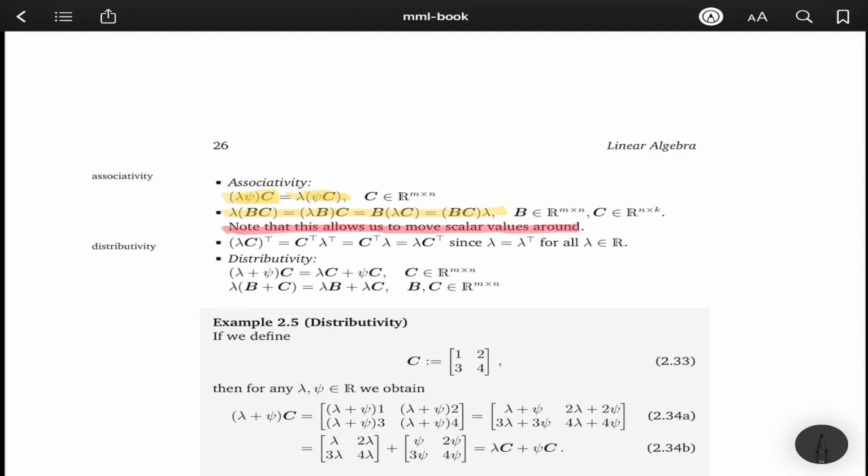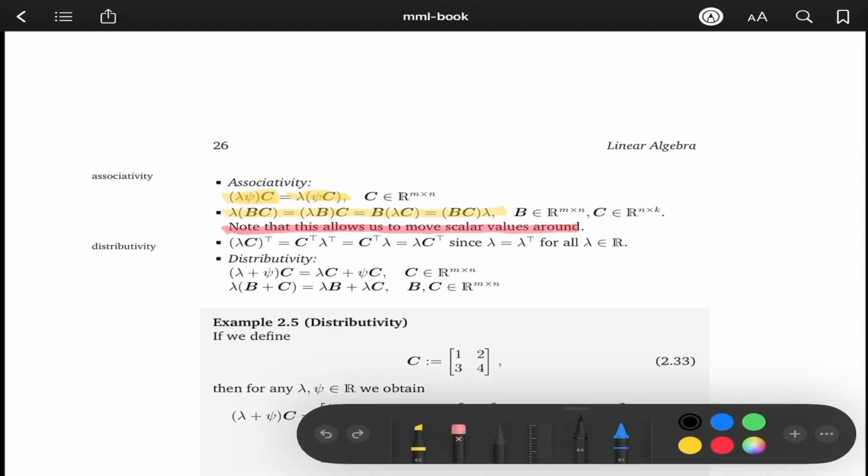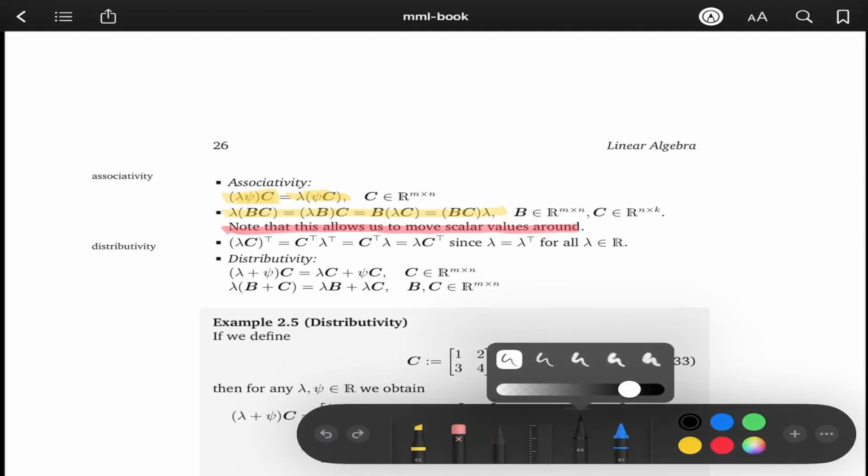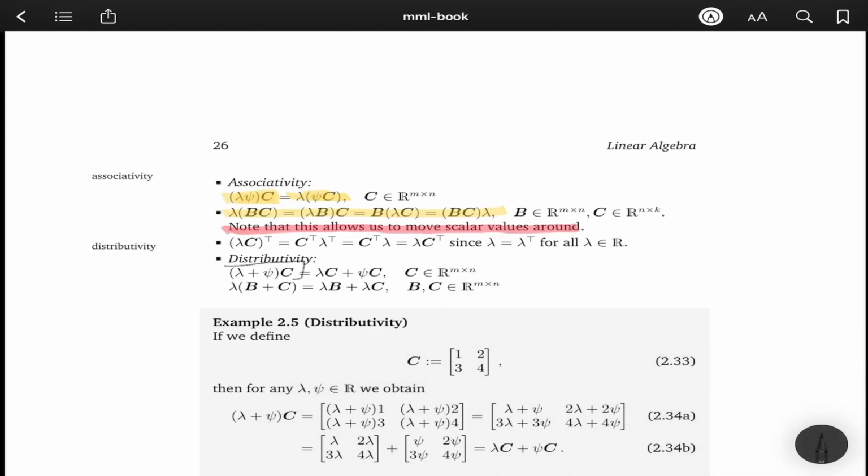Yeah, and it's also true for the matrix. So you can not only factor out the scalar, but you can also do it for the matrix. So you can just add those two matrices first and then multiply it.